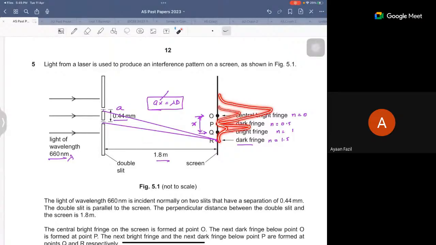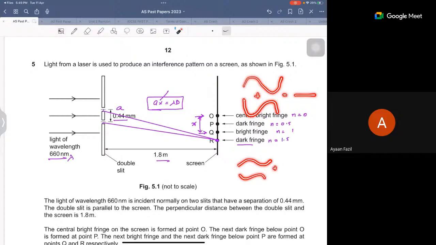But will it change anything with respect to the dark fringe? No, because dark fringe means they're completely canceling out each other. It doesn't matter if you have higher amplitude, that would cancel to zero, and if you have lower amplitude, that would also cancel to zero.